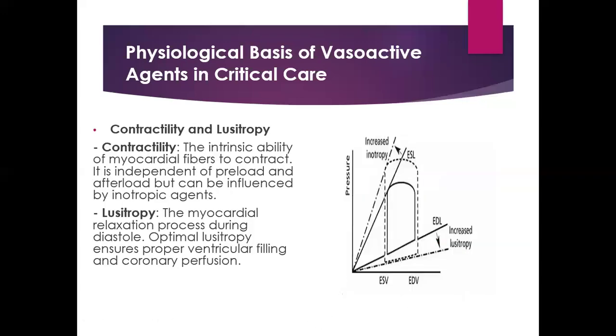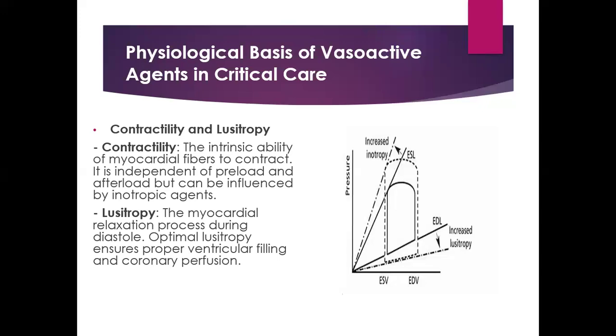All right, the next very important terminology as it relates to our cardiac function and vasomotor tone is contractility and lusitropy. The myocardial fibers of the heart have an intrinsic ability to contract, and this is independent of preload or afterload, but can be influenced by your inotropes.